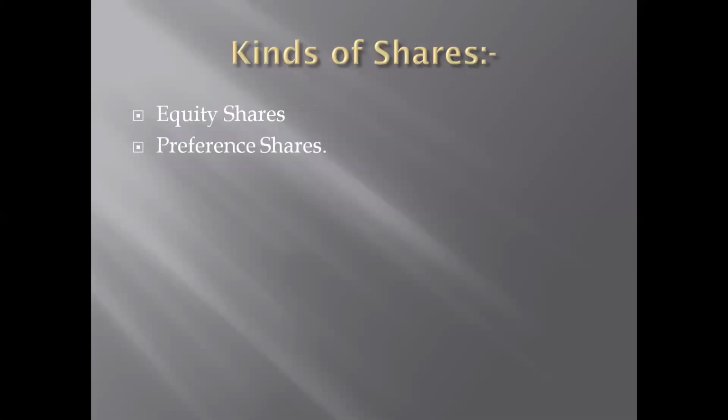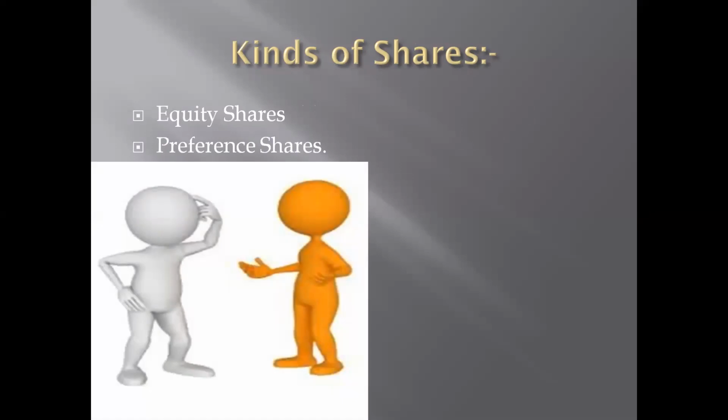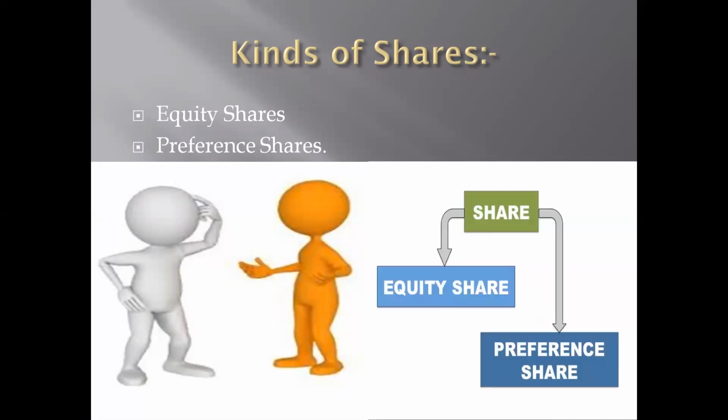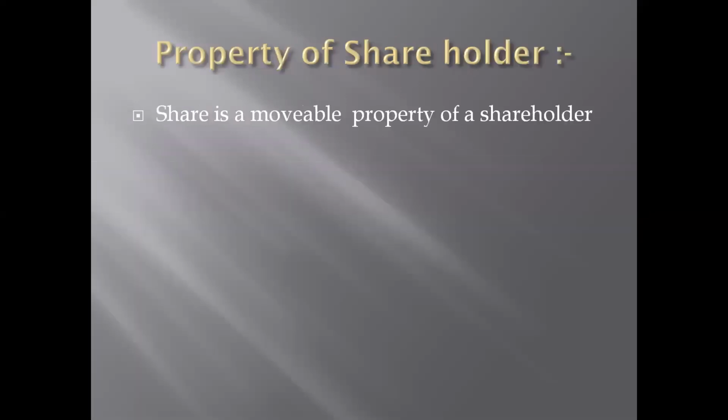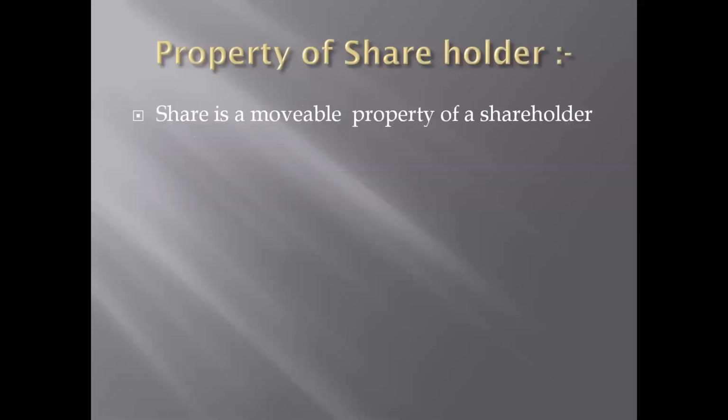There are two kinds of shares, as it is learned in the first chapter itself: equity shares and preference shares. So I have purposefully shown white as equity and yellow as preference shares. So there are two shares which we will be looking at in detail in the further part. The property of the share can be free.